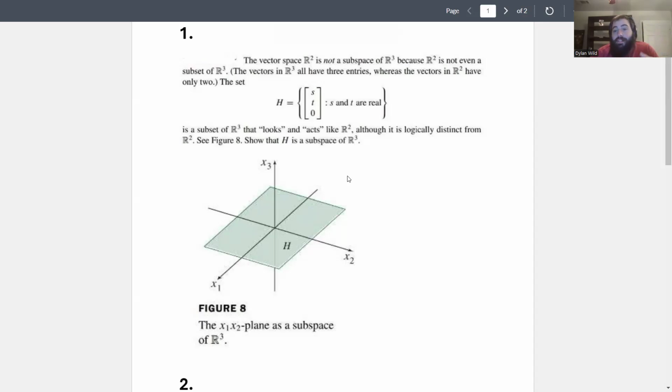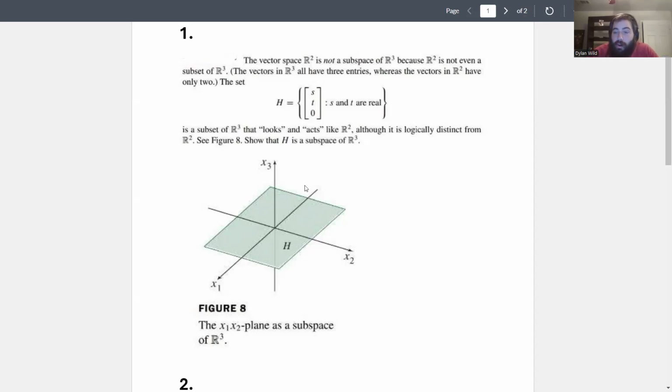But this order is more or less arbitrary because S and T would exist in R2. There's nothing that forces us, beyond making an arbitrary decision, to define this vector as S, T, 0. This could be 0, S, T. This could be S, 0, T. Any variation of that. And more importantly, the 0 doesn't have to be there. This could be S, T, 1 and just go completely above the origin, shifting it up.